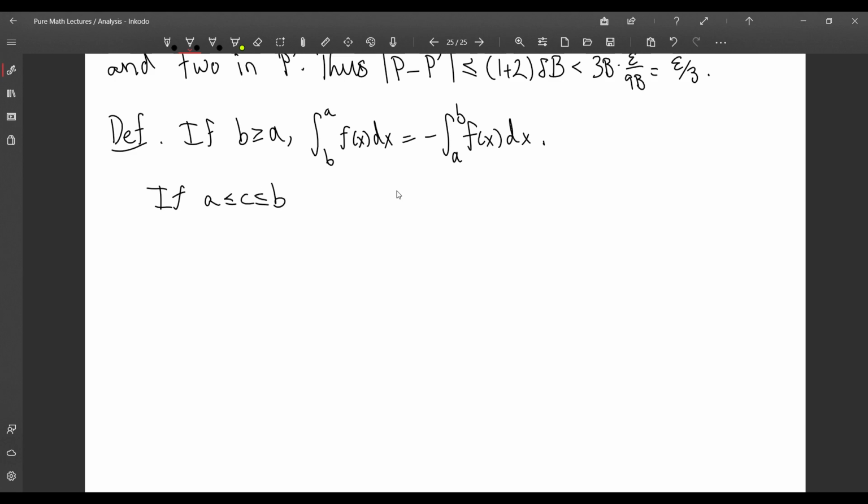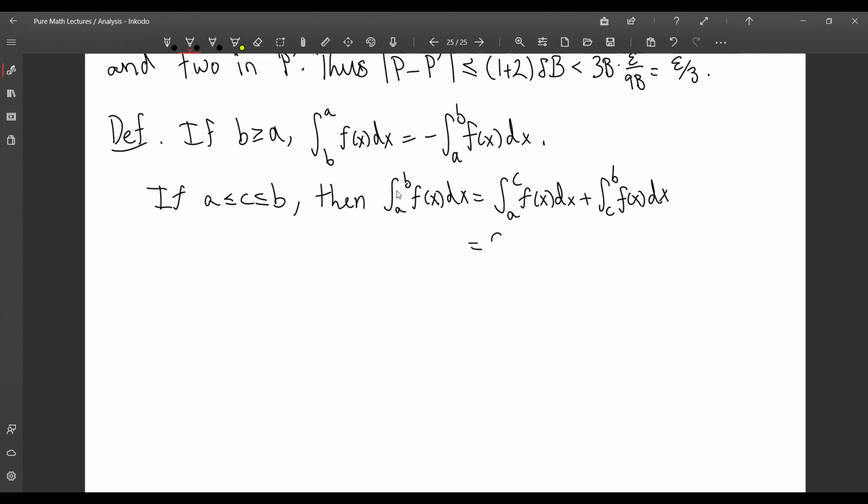If C is between A and B, then from this theorem, just an application of the theorem, the integral from a to b of f is the sum of the integral from a to c and the integral from c to b of f of x dx.